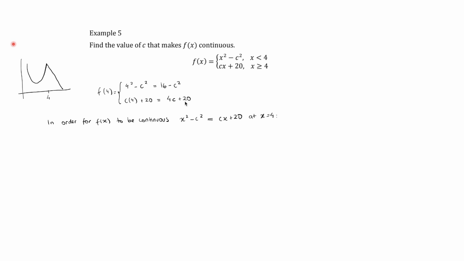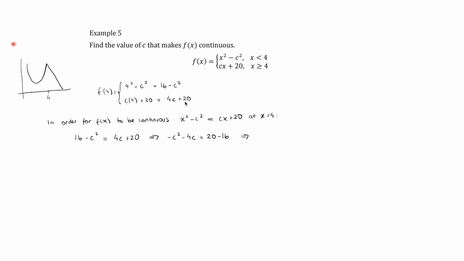And that means we need to have 16 minus c squared equal to 4c plus 20. If that is the case, we are going to have negative c squared minus 4c equal to 20 minus 16.